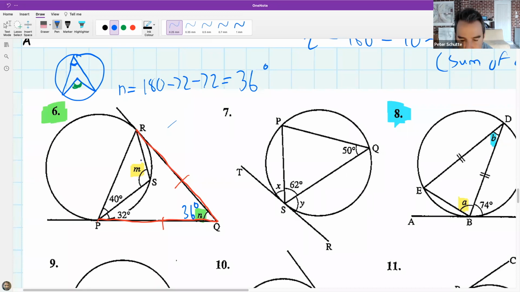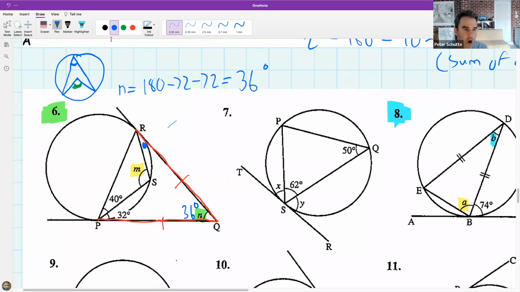I'll give you a little tip. Can you see this angle over here? What angle would be equal to that one over there? That little blue dot over there. This is a nice question. See if you can figure out what that one is.